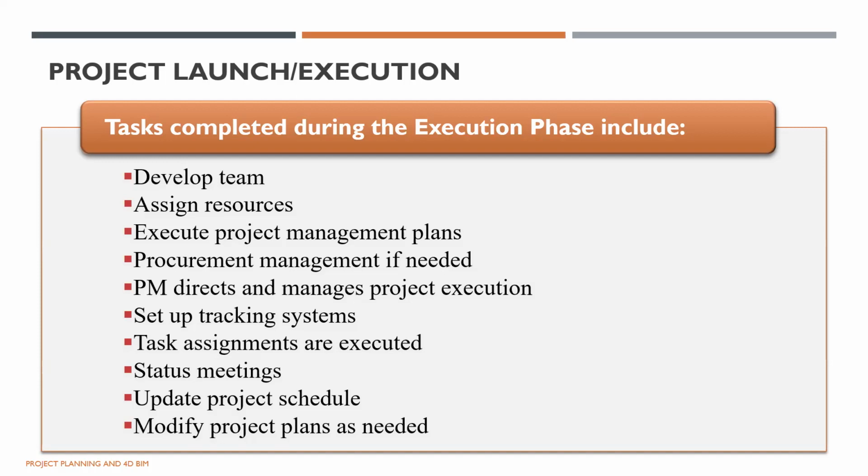So these are the main tasks during the execution: develop the team and assign resources, execute the project management plan, set up the project execution tracking system, task assignment and status meetings, update project schedules, and modify project plans as needed. We are not going to do these from a book or any note.